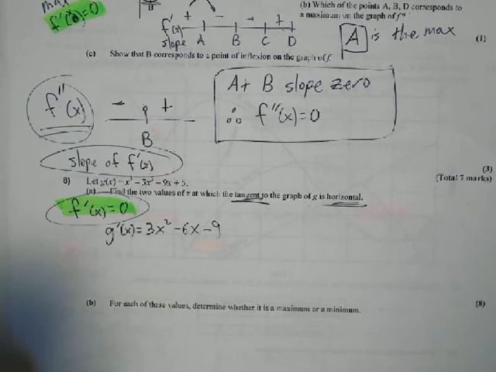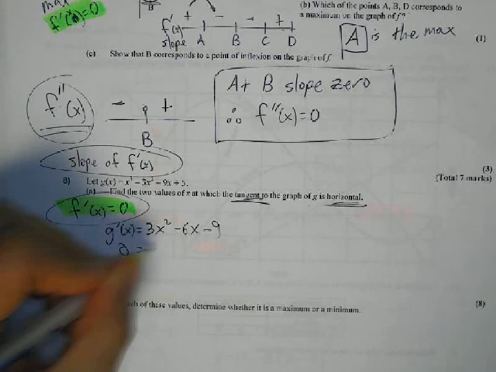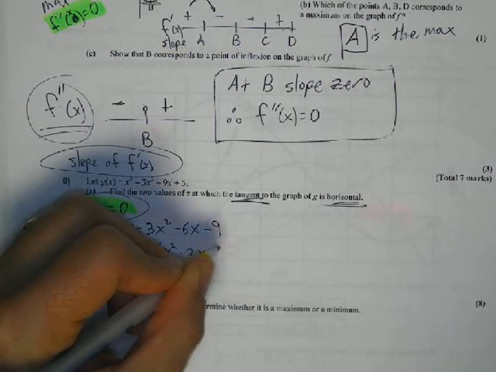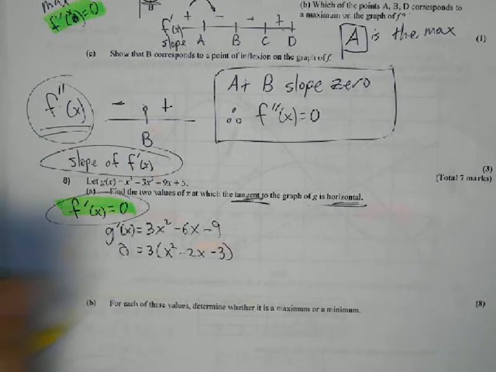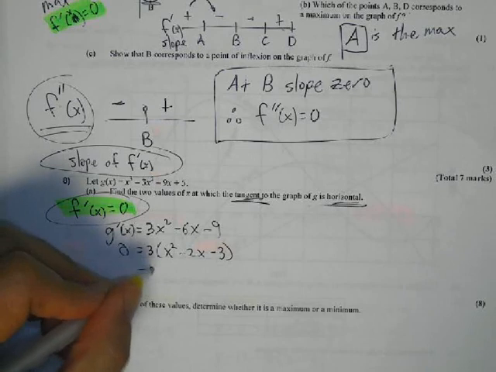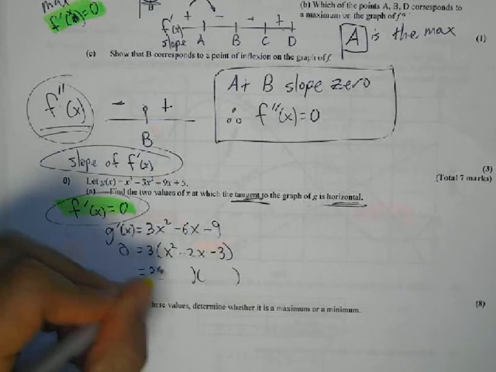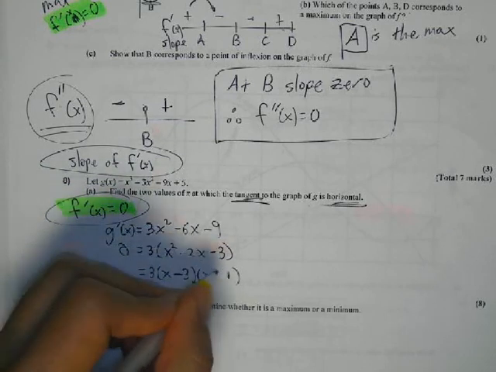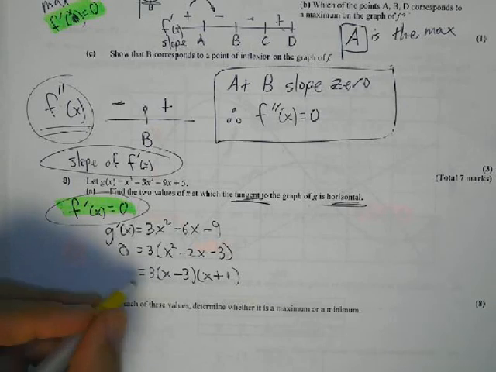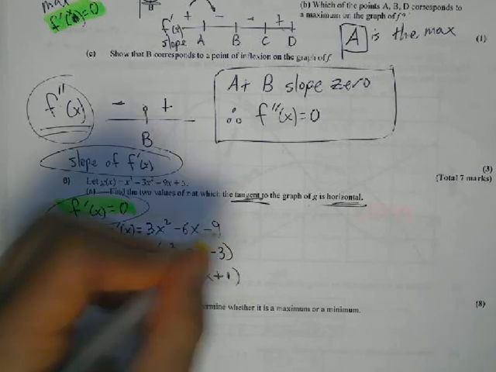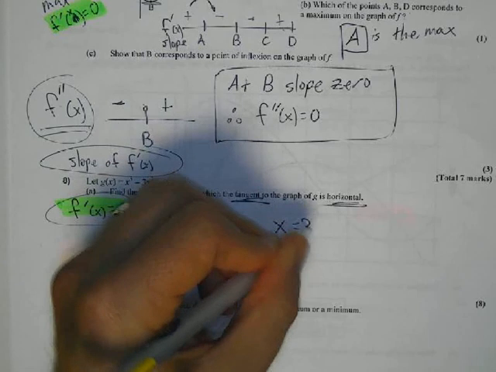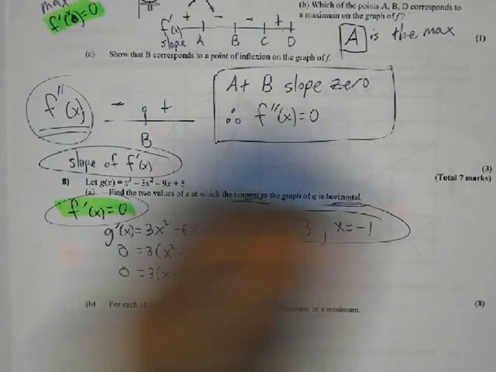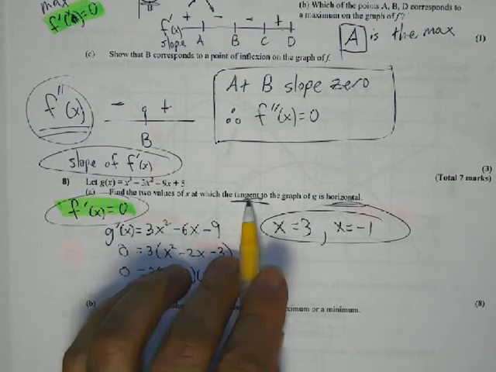I can factor out a 3, and we get 3 times x squared minus 2x minus 3. And this factors into x minus 3 times x plus 1. So now I know that x equals 3 and x equals negative 1. These are the two values that have a horizontal tangent.